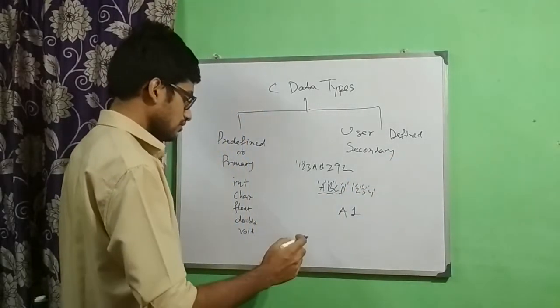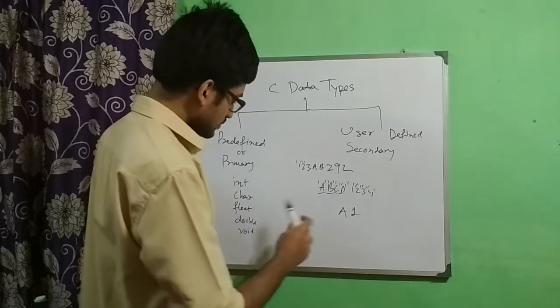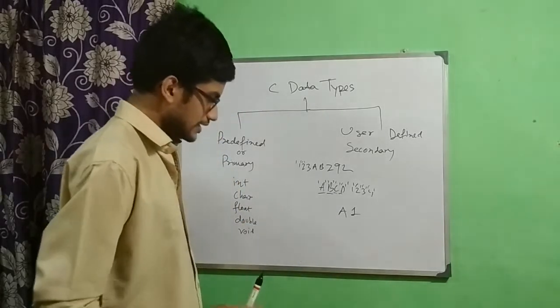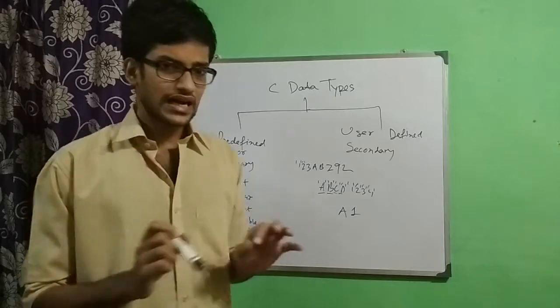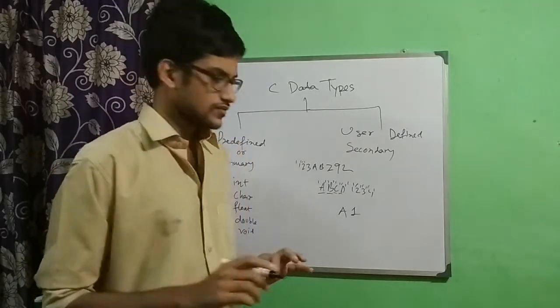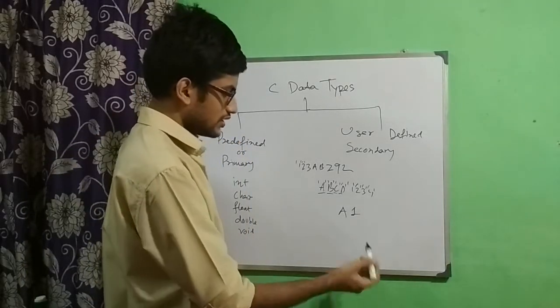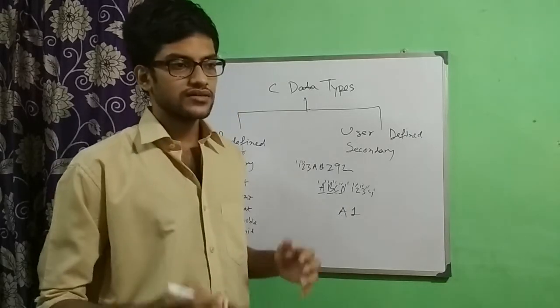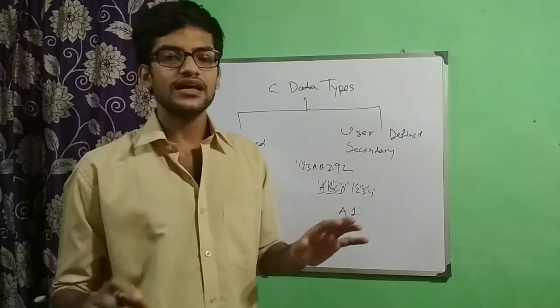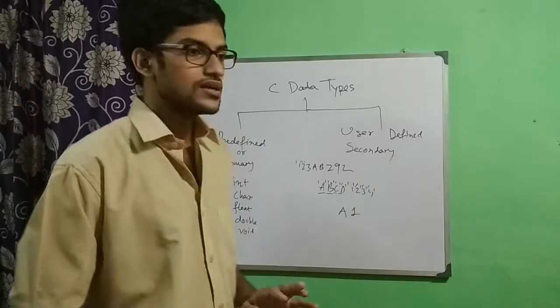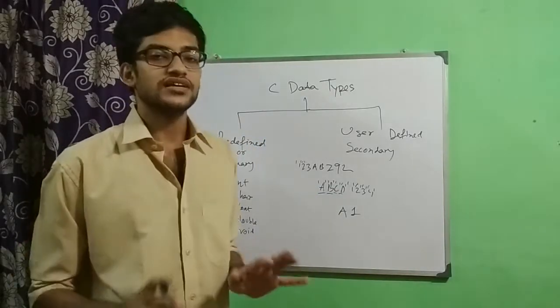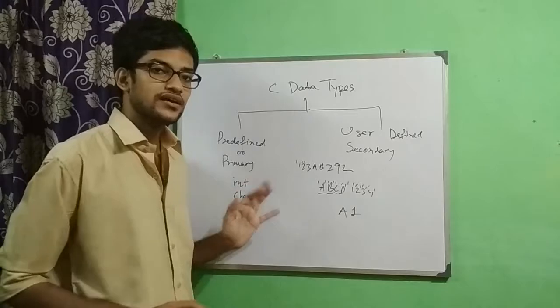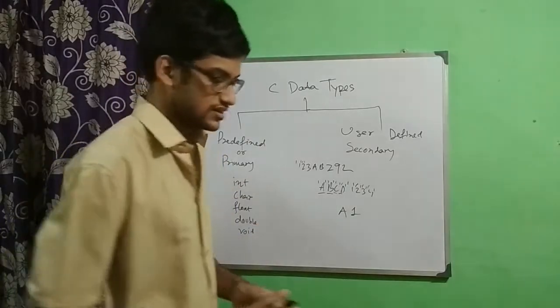So now we will have to take a character array. Character array means the collection of elements. What is a character array? I will tell you in a different session. But just think that there is a way to make strings in C.